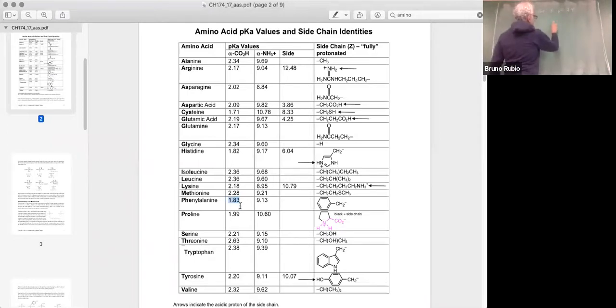So the carboxylic acid proton has a pKa of 1.83. And then this table is also telling me that the alpha ammonium has a pKa of 9.13.